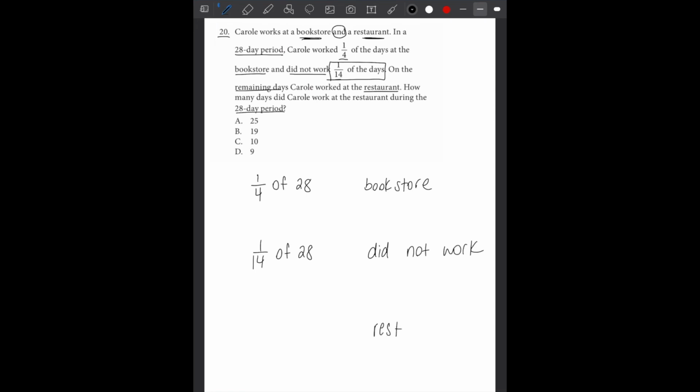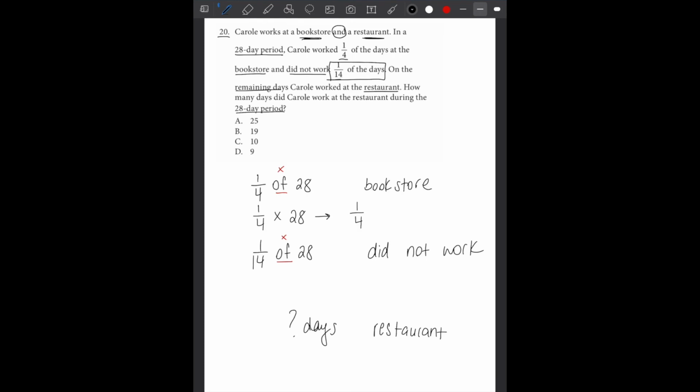So we want to find out how many days were at the restaurant. To solve for this, of directly means to multiply. So we're going to rewrite this problem as 1/4 times 28.